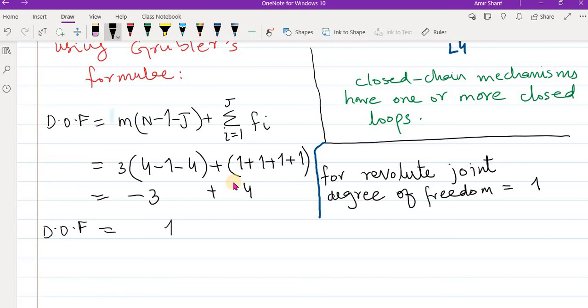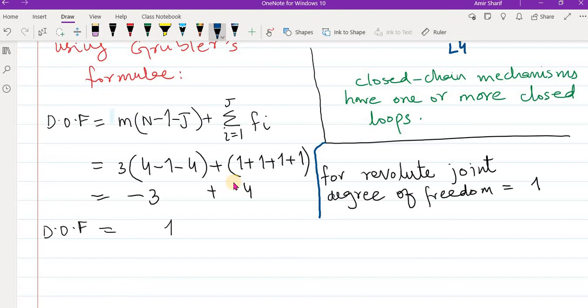For a single revolute joint, it has 1 degree of freedom, and because of this summation, we have to sum up all the freedoms of the j joints. In this case, we have 4 joints, so it will be 4 summations. So the final result is 1.